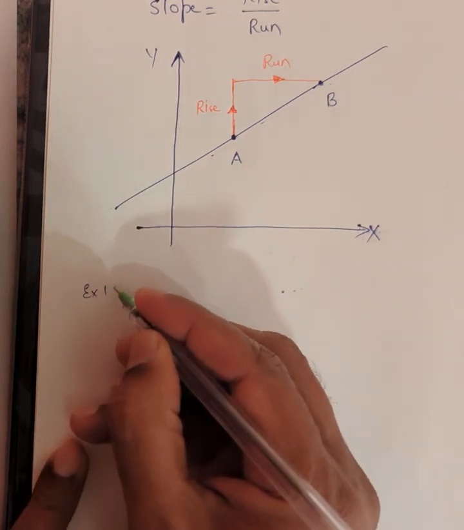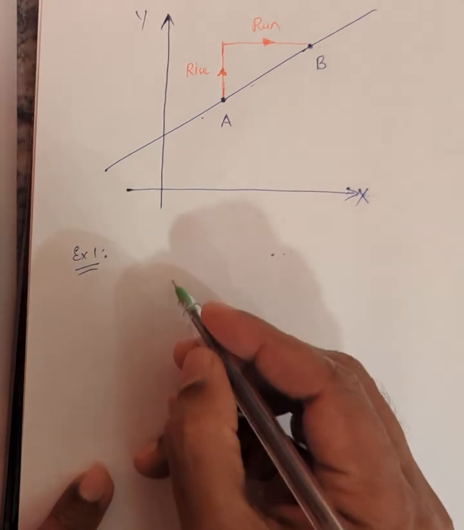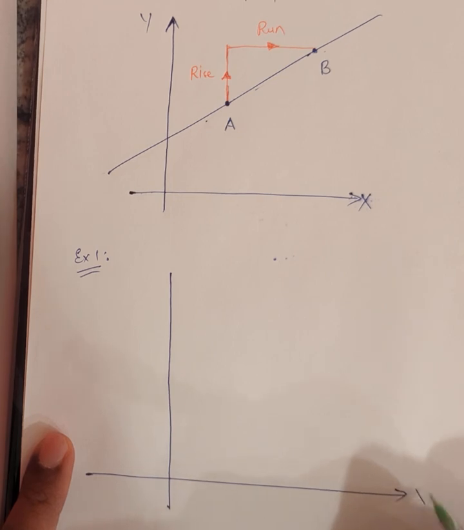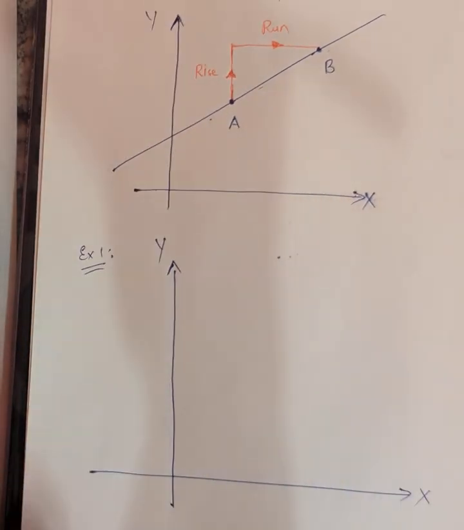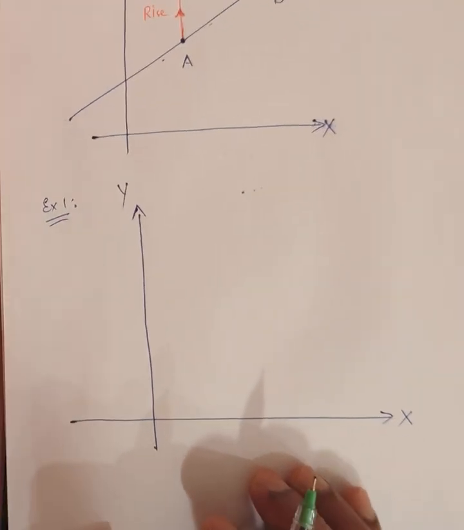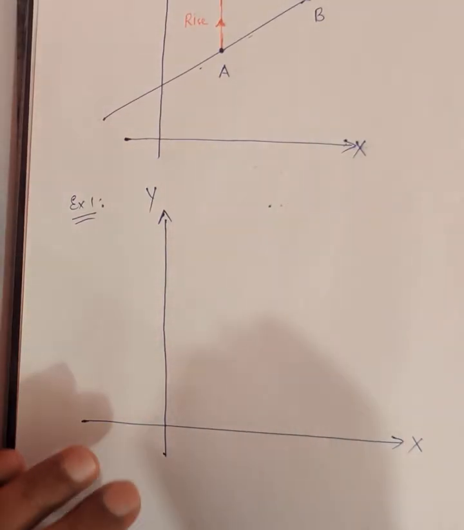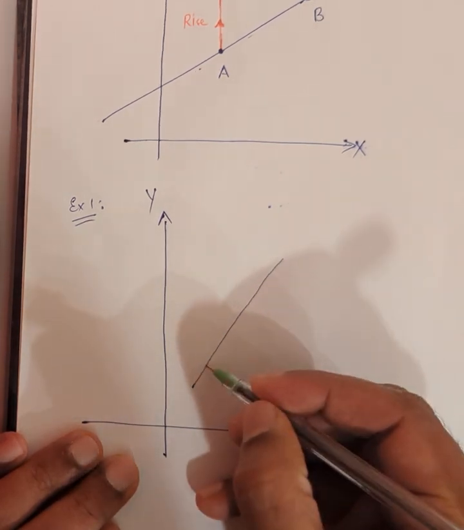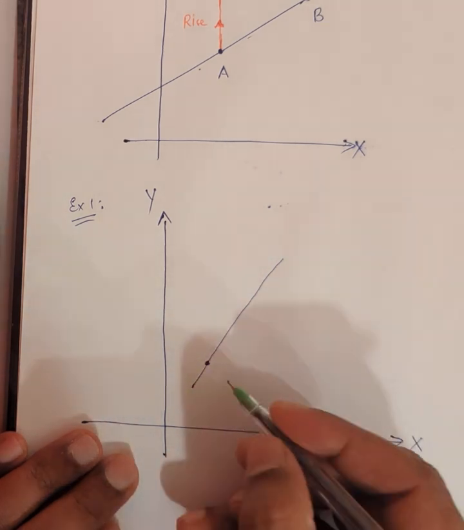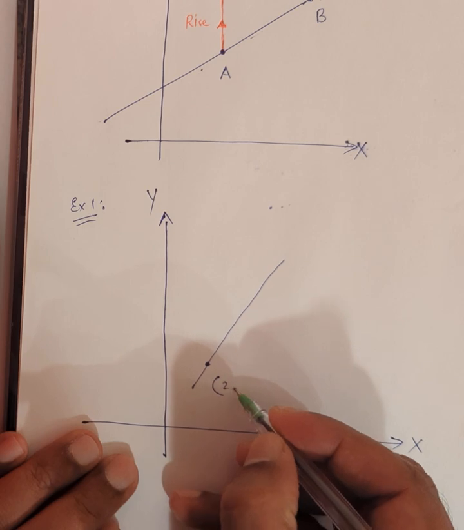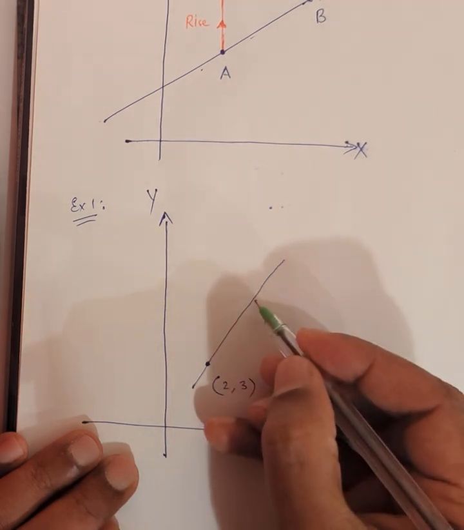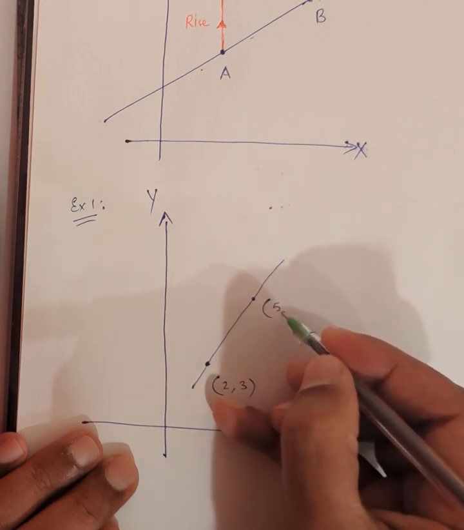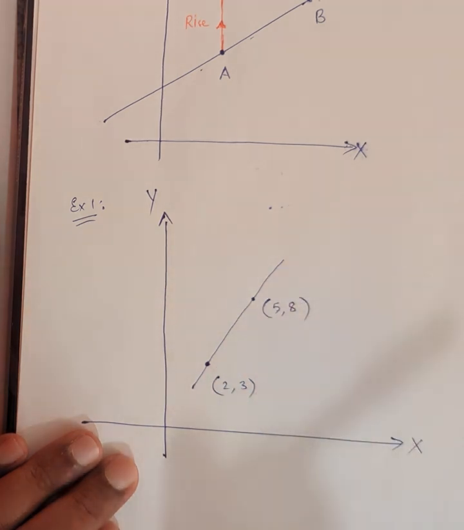So example 1, I'm going to say I have a line that passes through 2 points. So I'm going to use specific numbers first and then we can derive a general formula. So say this line passes through, let's say this is 2, 3, and then let's say this is 5 and 8.